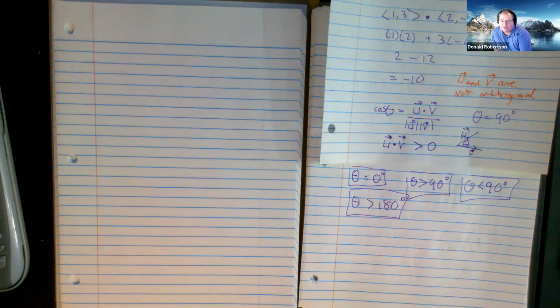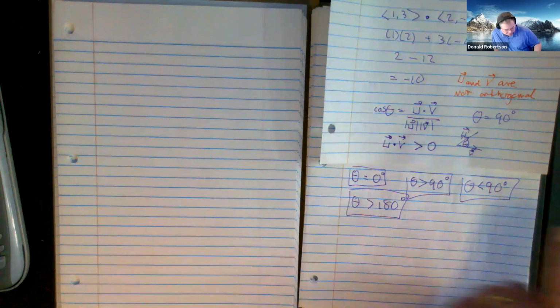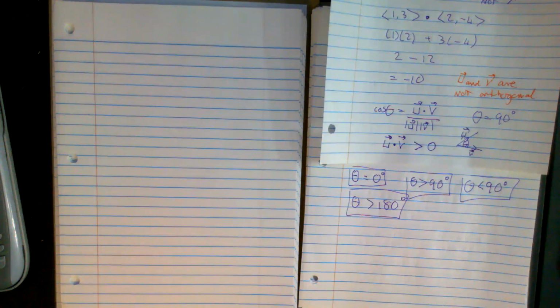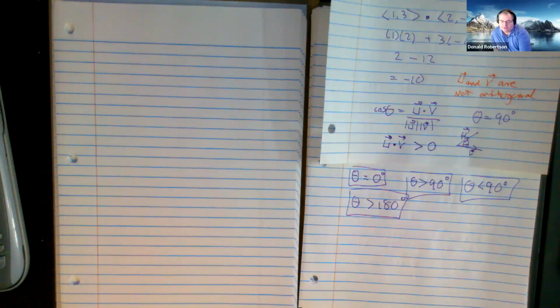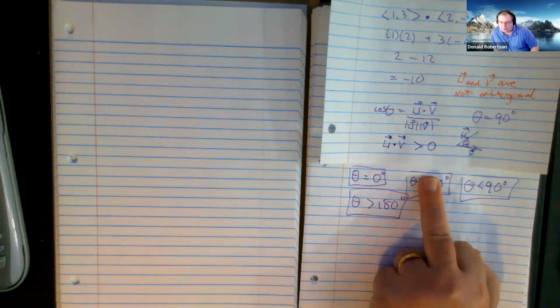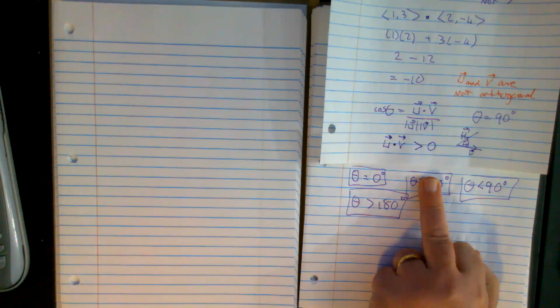What is the angle between two vectors when the dot product is greater than 0, when it's positive? That would have to be greater than 90, right? No. So what else, if it's not that, what else could it be? So it's not that one. I guess I'm confused then.